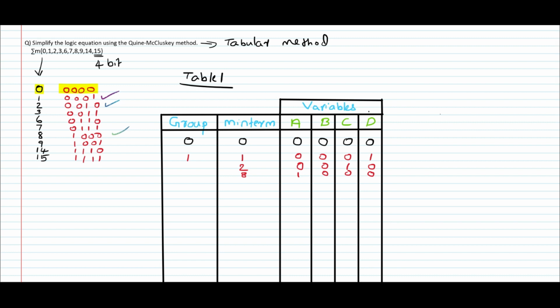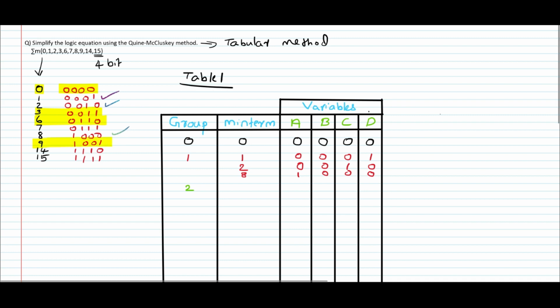Next, we will see the min terms under group 2. That means min terms having 2 ones. So there it is. 3 is there, 6 is there, and 9 is there.